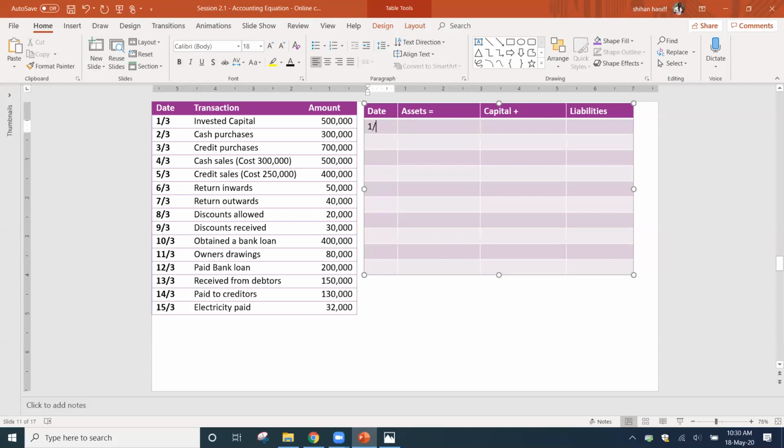First of March, investment of capital, and we get cash plus 500, capital plus 500.